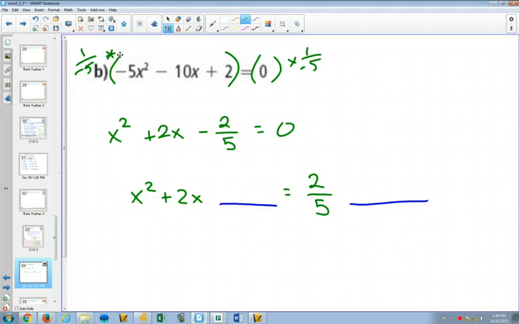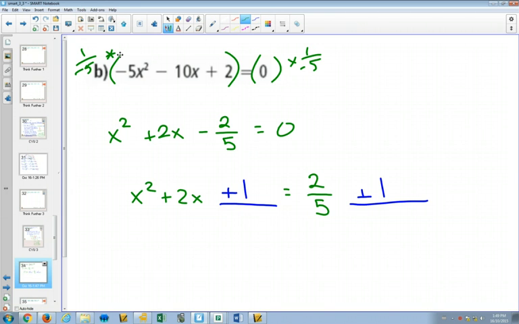So what number goes in the blue space? Nope, not 4. It's going to be 1. Divide by 2, you get 1. 1 squared is 1. So I need to add 1 on this side as well.